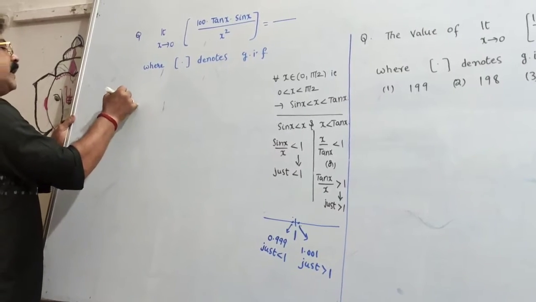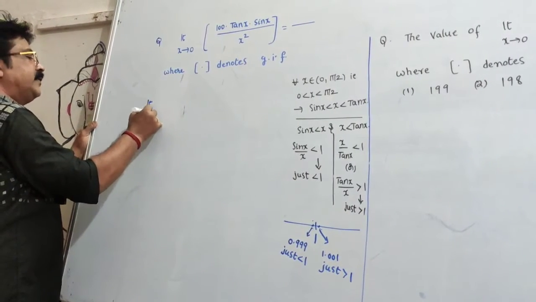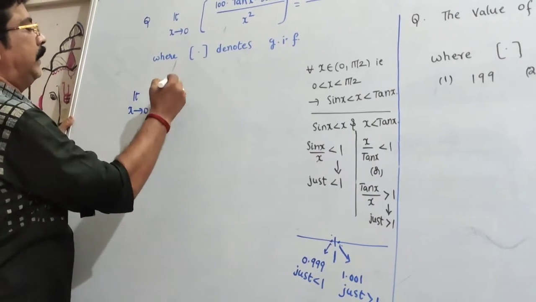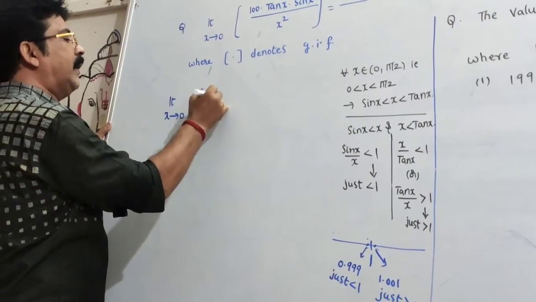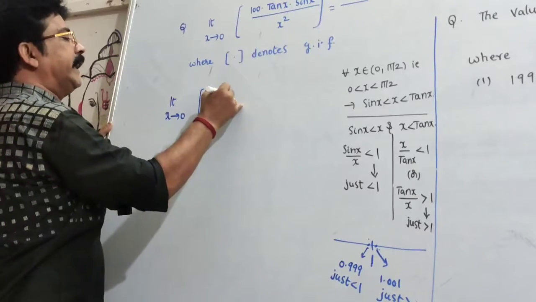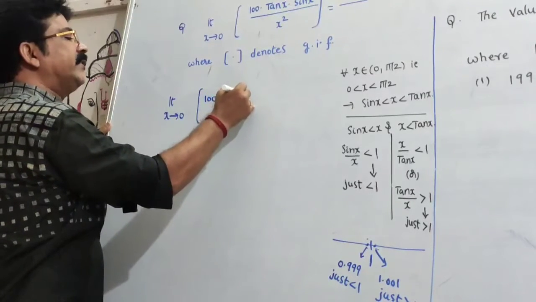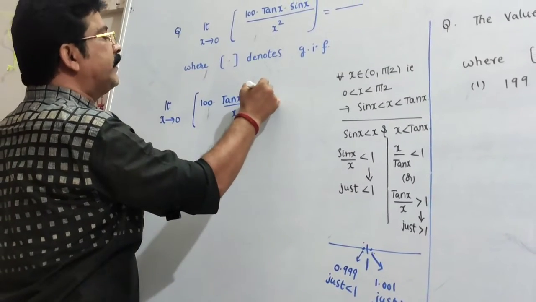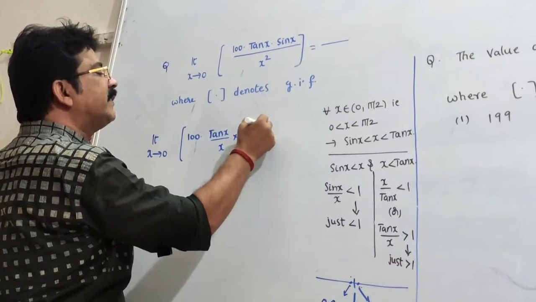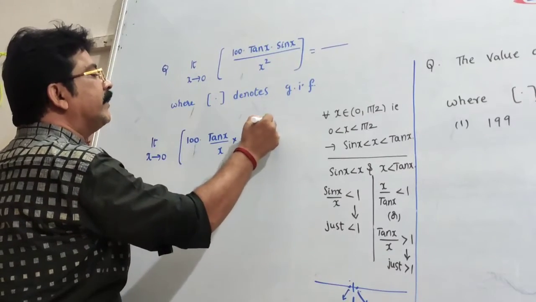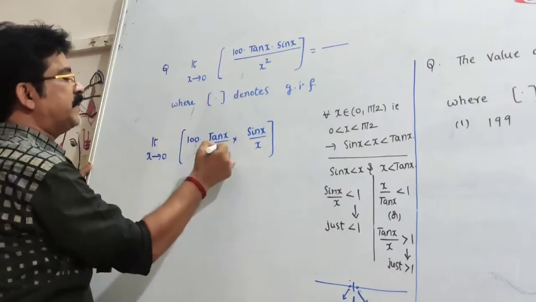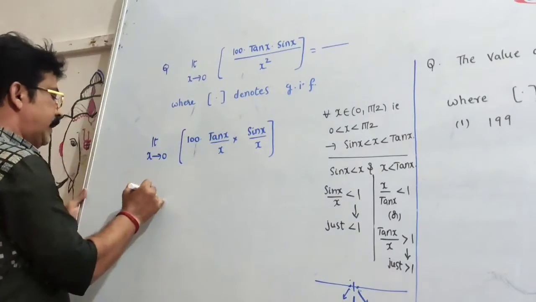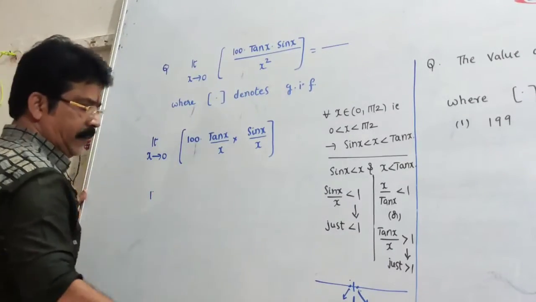The given question is the limit as x tends to 0 of box of 100 into tan x divided by x into sin x divided by x, where x square is split as x into x, just like that. So, limit as x tends to 0.